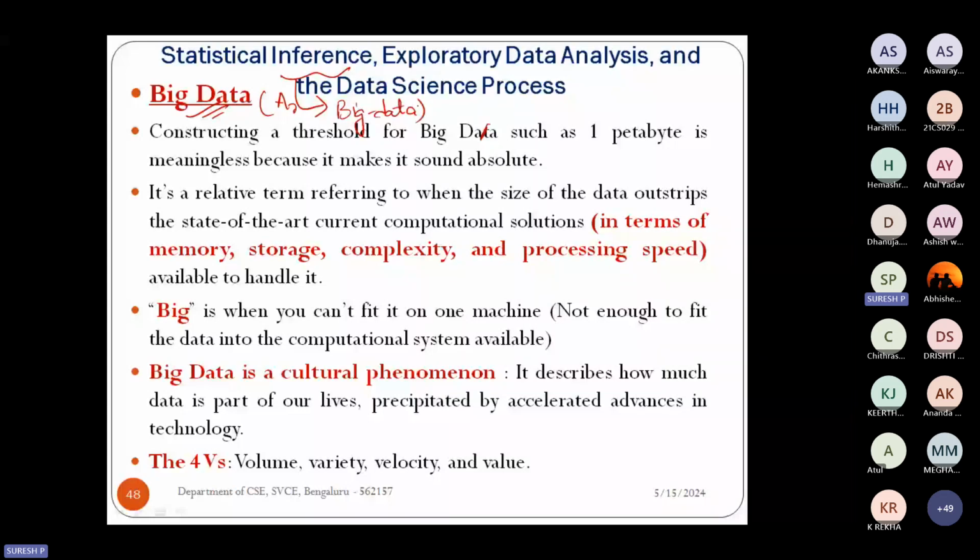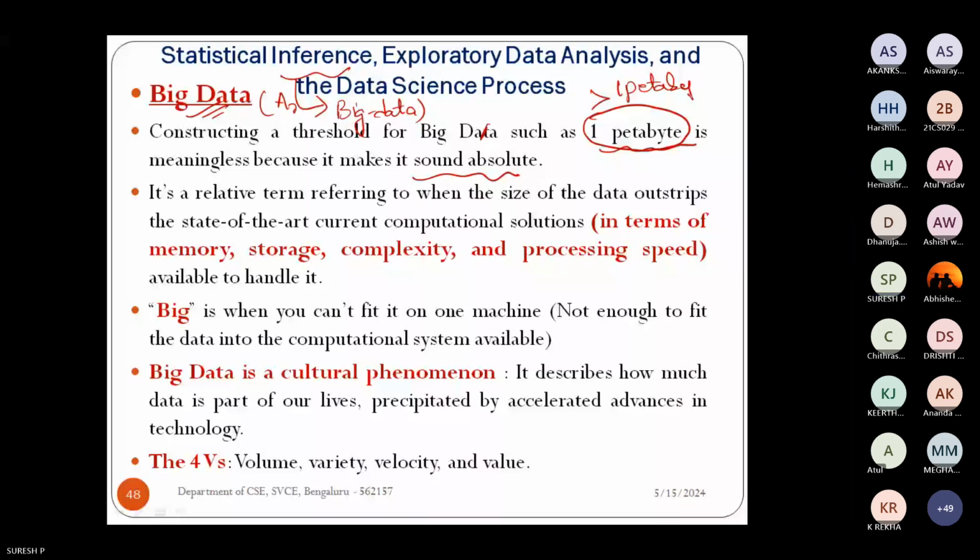If you take the data such as one petabyte, it is meaningless because it sounds absolute. According to the standards, already we know that whatever the data we are going to have greater than 1 petabyte, that particular data is referred as big data.